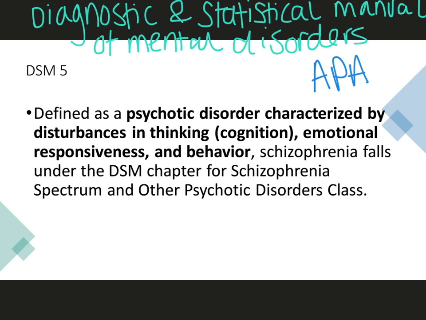So first of all, it's a standardized classification system just for mental disorders, whereas the ICD is for all health disorders and conditions. And this DSM is only used in America, whereas the ICD is a worldwide, readily available diagnostic tool. The DSM-5 is also not free to use. You have to buy a copy of this in order for you to be able to access it.